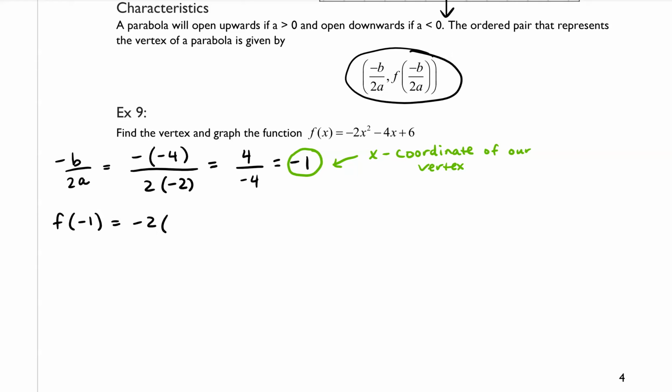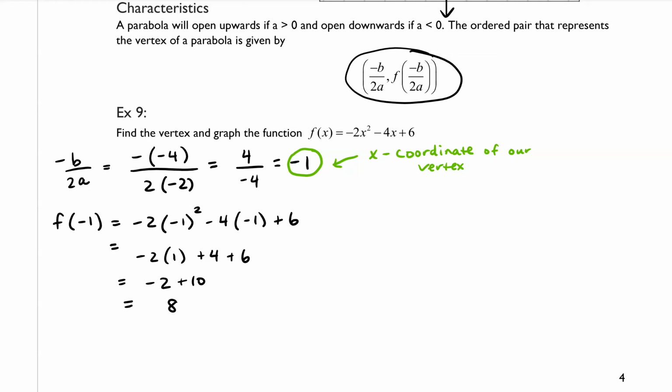So we get negative 2 times negative 1 squared minus 4 times negative 1 plus 6. And let's go ahead and simplify that. So we get negative 2 times 1 plus 4 plus 6. And that simplifies to 8.